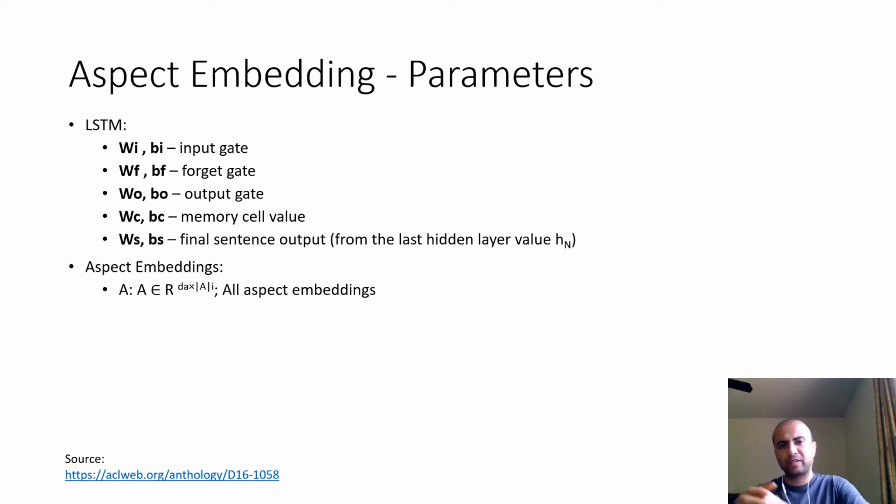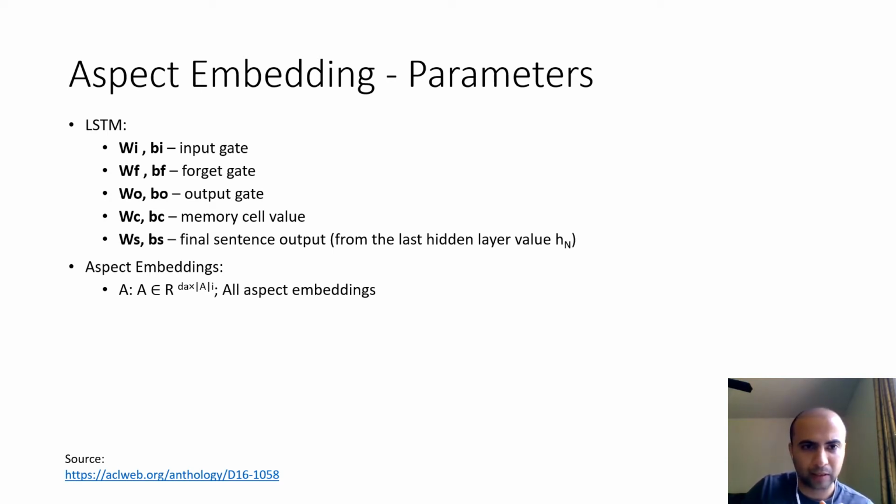The basic LSTM has, like we said in one of the previous slides, the input gate, which monitors whether the information has to be passed on to the current cell, and then there is the forget gate, which monitors the learning that is coming from the previous cells, previous layers, and then the output gate, which is basically weighing the final output of that layer, and then there are the memory cell values, and then the final sentence output.